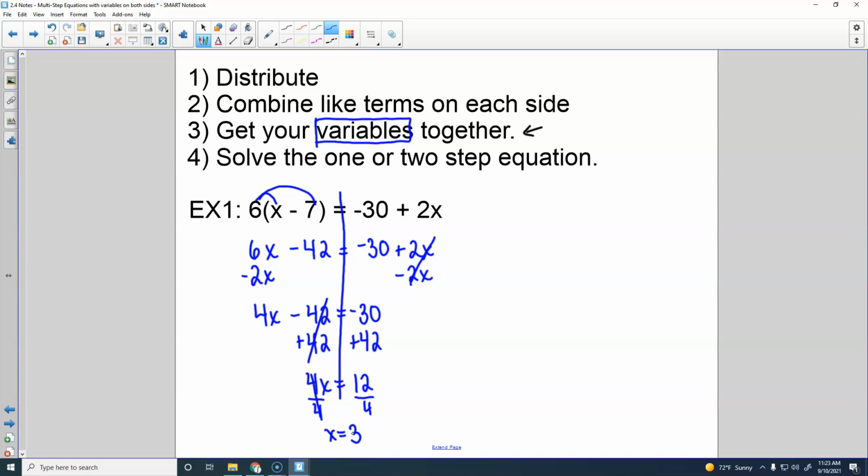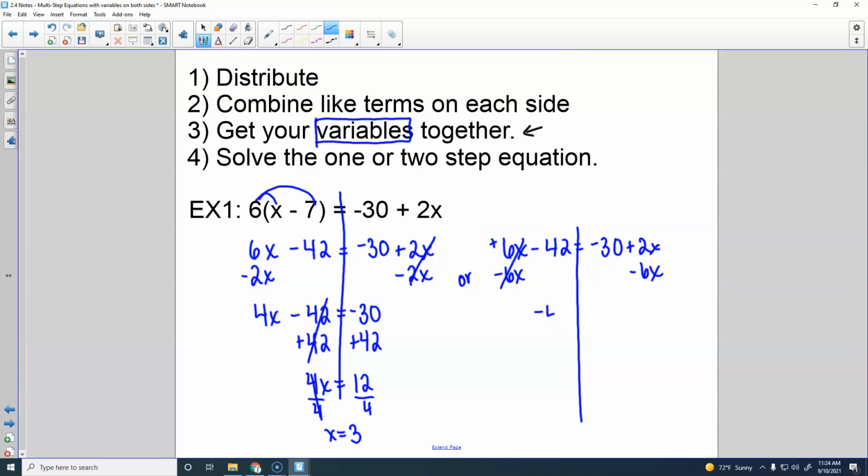Okay. Cameron asked if it was okay to move the 6x, so I'm going to go back up here to this point. It is okay to move, so you don't have to do it this way. I'm just reworking because she asked this interesting question here. If I move the 6x instead of the 2x, I would subtract the 6x from both sides because that's a positive 6x there.